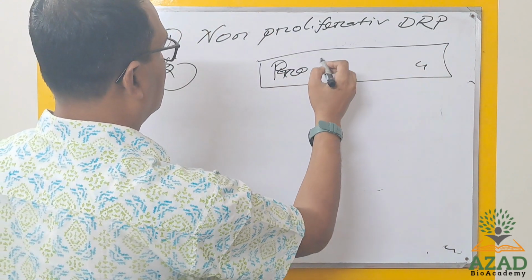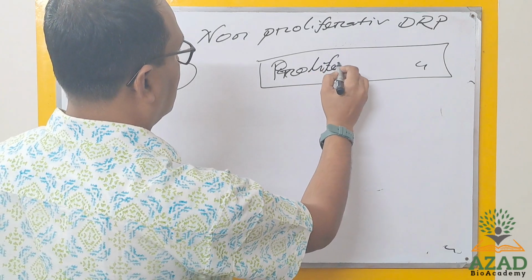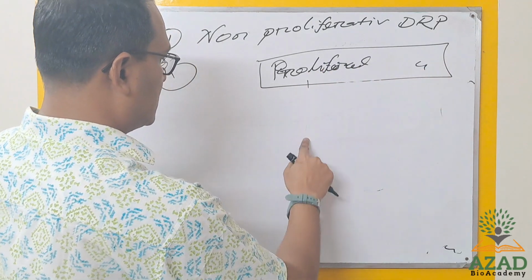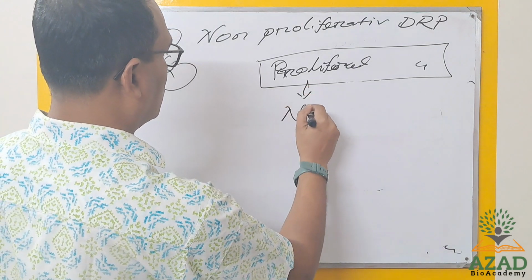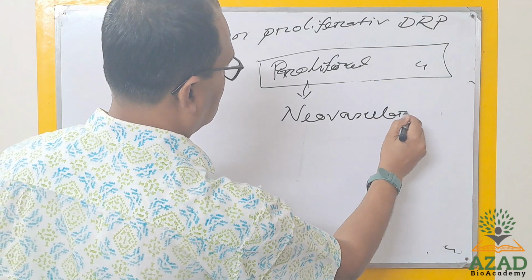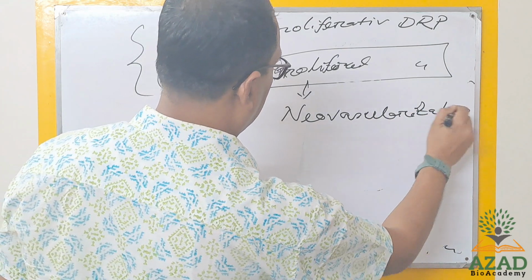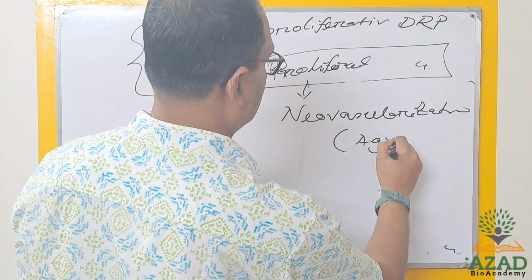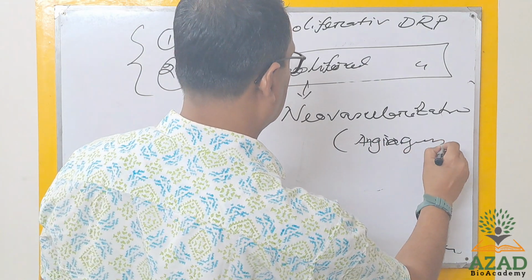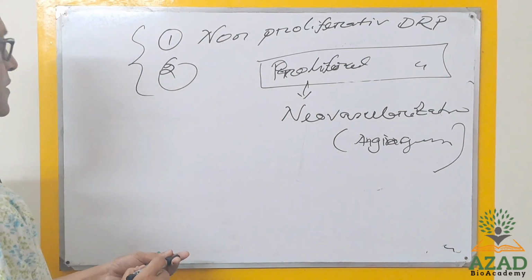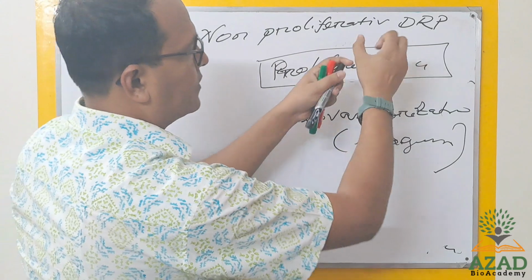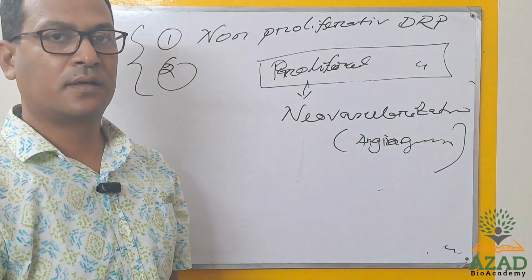In proliferative retinopathy, one characteristic is different. That is neovascularization. That is angiogenesis. This is completely associated with proliferative retinopathy.